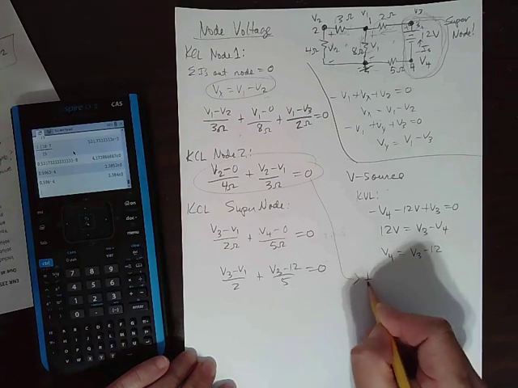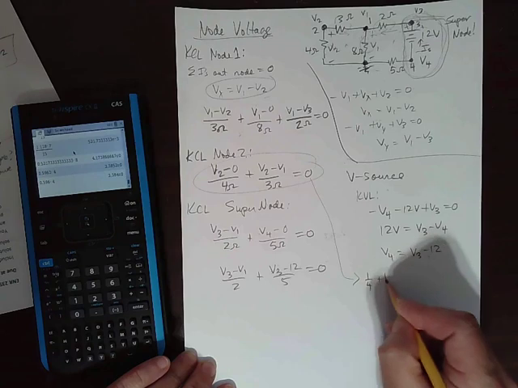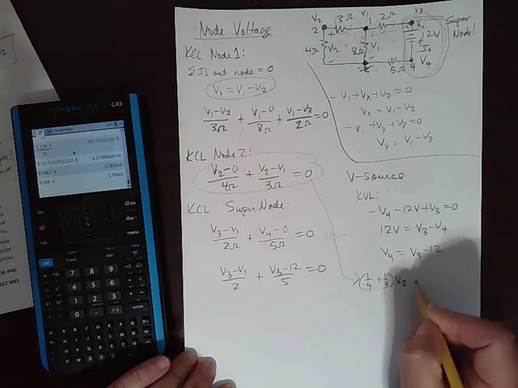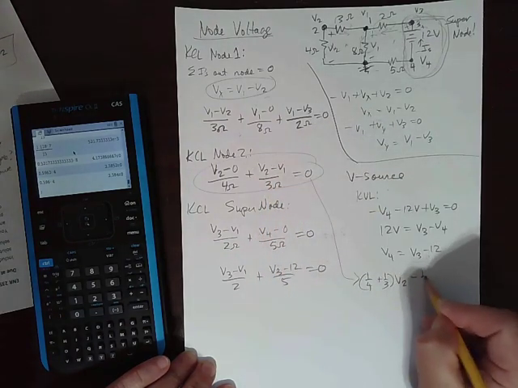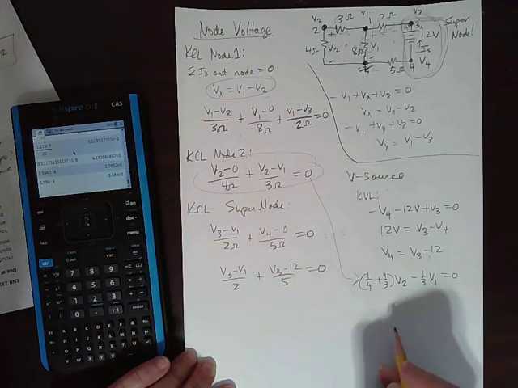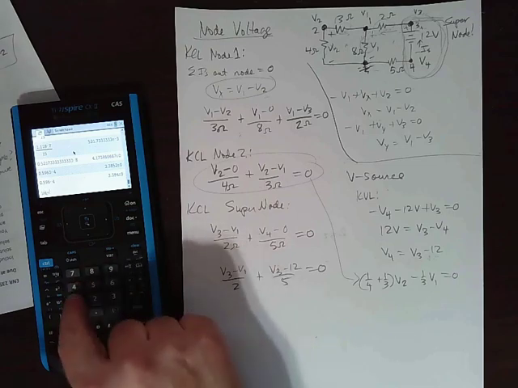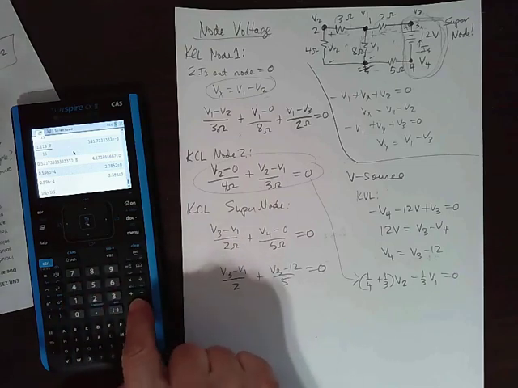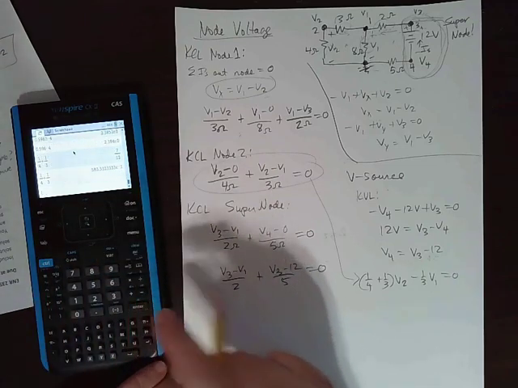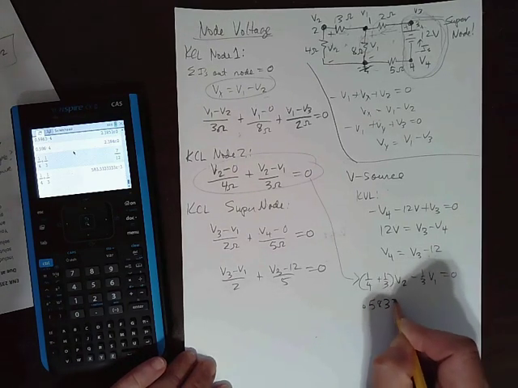So we're going to gather all the coefficients of V2: 1/4 plus 1/3 times V2 minus 1/3 V1 equals 0. All right, so 1 divided by 4 plus 1 divided by 3 is 0.5833.